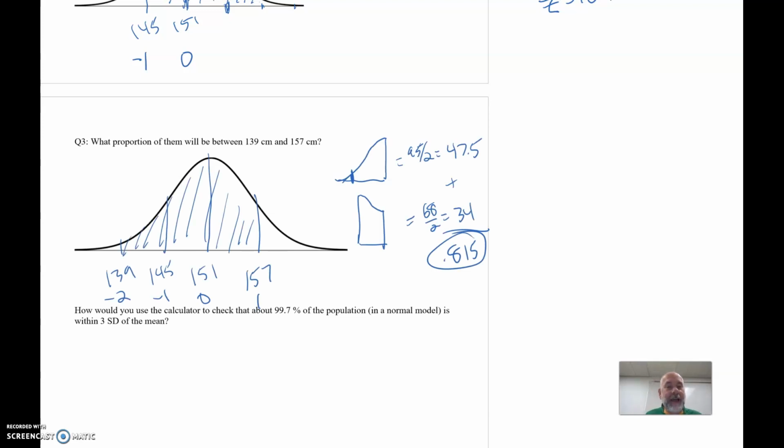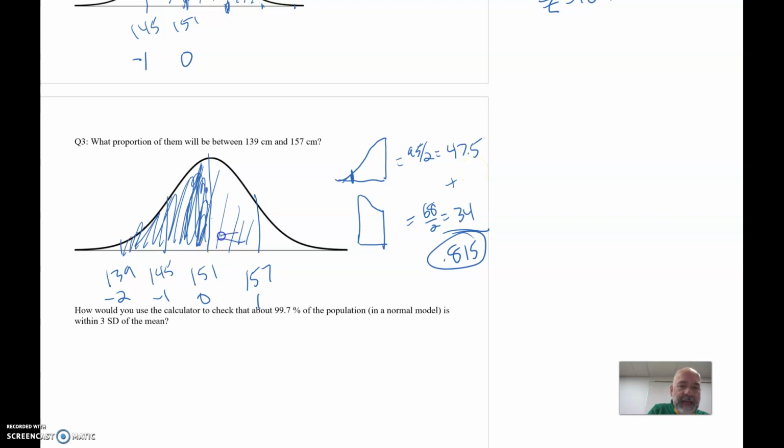So I drew it. I showed the mean, the standard deviation. I showed the shading, and the boundaries are clear and where I'm finding the area. And then I showed that I did the same trick we did with the empirical rule to say that this half, up to there, was 47.5%.